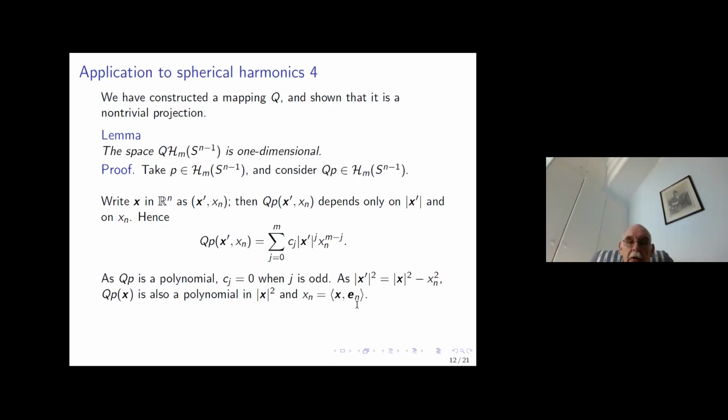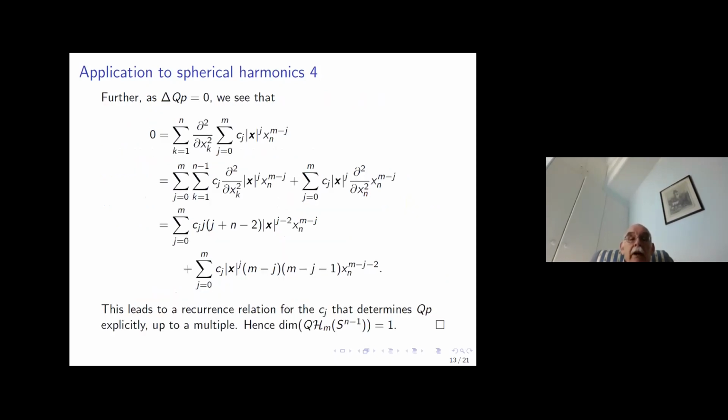So I know something about what QP has to look like, but I don't know enough. But the fact is that I'm dealing with harmonic polynomials. And because I'm dealing with harmonic polynomials, I can use the fact that the Laplacian applied to this polynomial is 0.